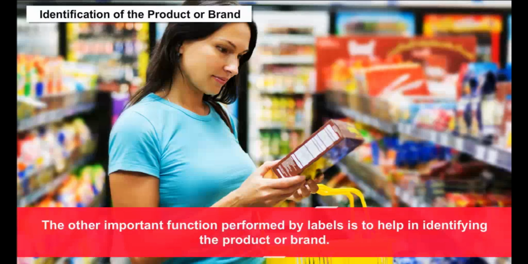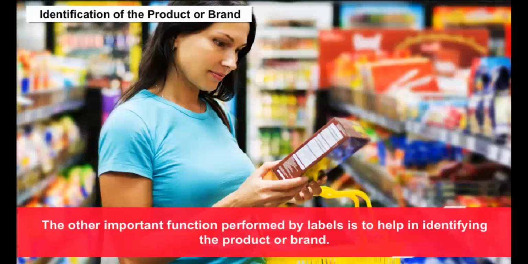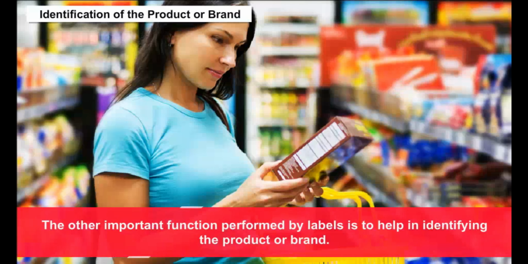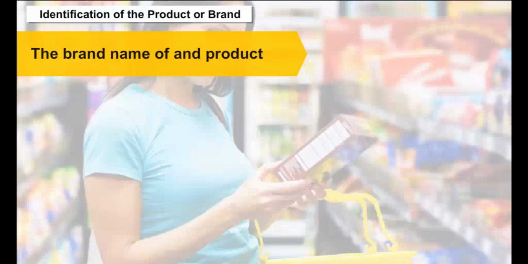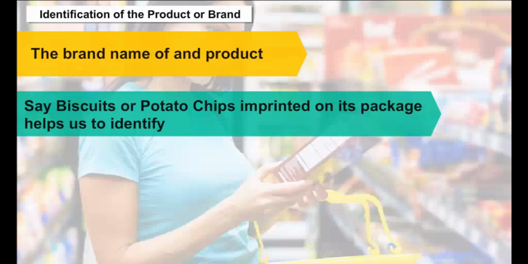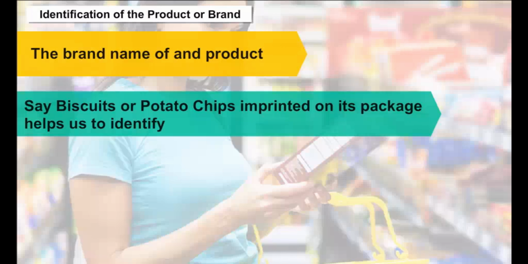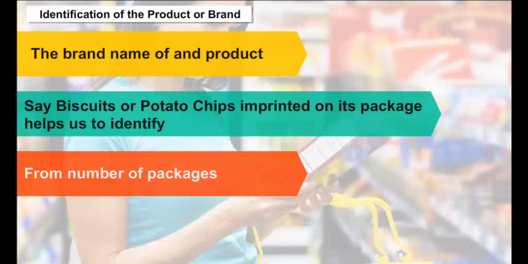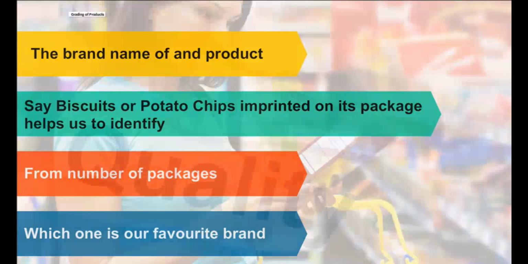The other important function performed by labels is to help in identifying the product or brand. For example, the brand name of a product, say biscuits or potato chips, imprinted on its package helps us to identify, from a number of packages, which one is our favorite brand.